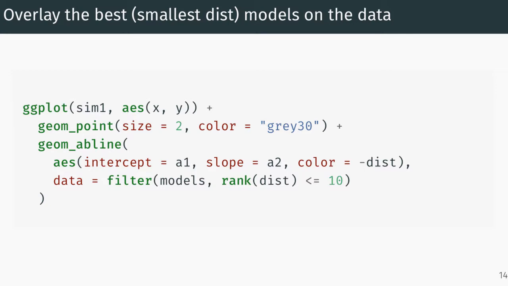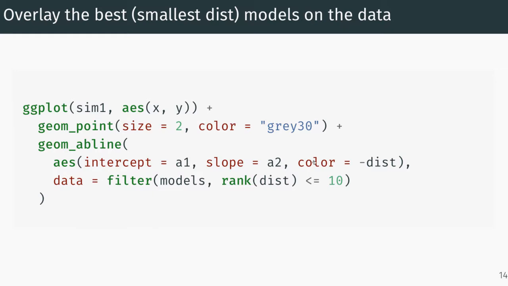Now we can see that by overlaying the best models that we have on the data. So we're going to ggplot sim1 again. This is our original data, and we're going to plot it with dots of size 2 and a color of gray 30. Then we're going to add some AB lines. We did this before with all 250, with the intercept of A1 and the slope of A2, but we're going to do two things differently.